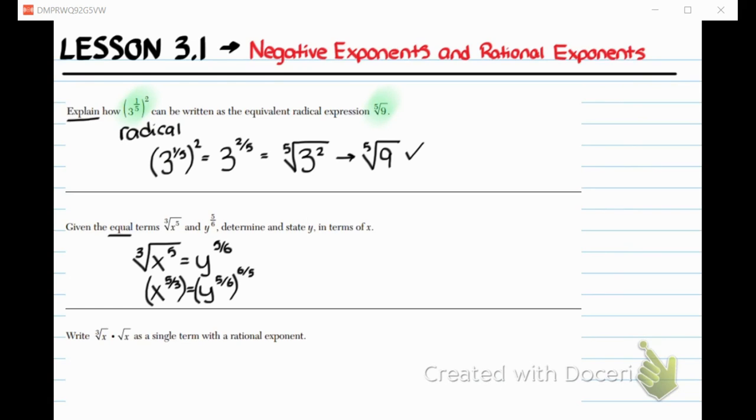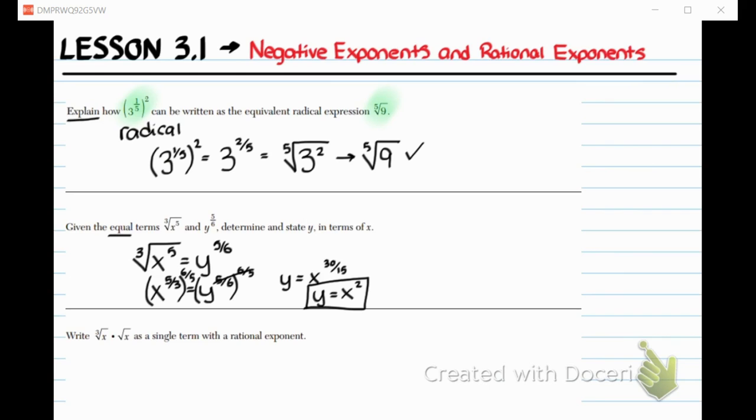And if you're doing it to that side, you have to balance out the equation and raise the other side too. So if I multiply these two exponents, I would get 30 over 30, which is 1. So technically they cancel, and y equals x to the 5 over 3 times 6 over 5, which gives you x to the 30 over 15, which you can then simplify to be x to the second. So y is equal to x to the second.